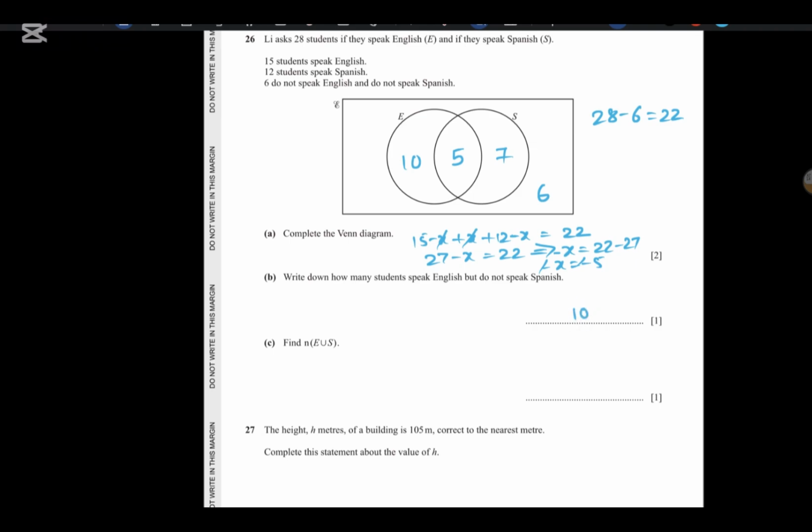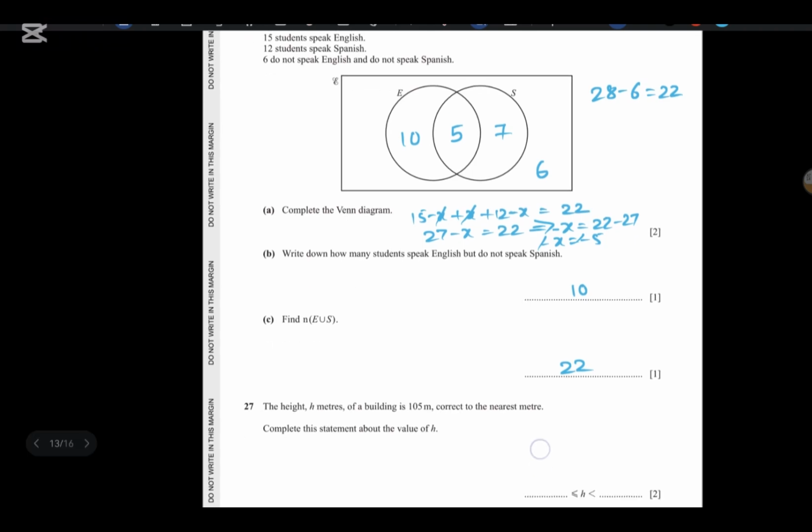And find the number of students E union S. E union S is this whole part. This whole thing is E union S. So it is 22, because we already saw that except 6 all are in this category who speak either English or Spanish or both. So it is 22. Question number 26 is done.